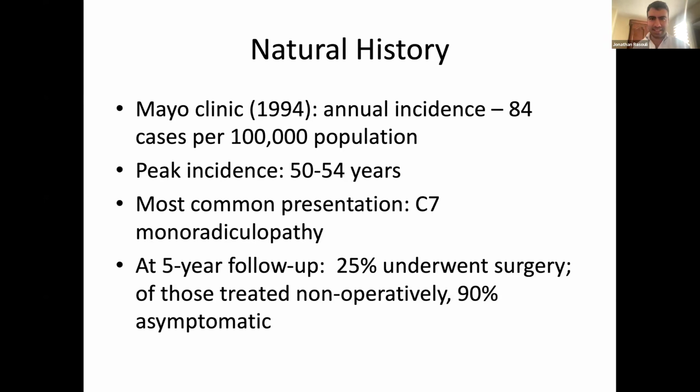I'm right-handed, so around 50, 55, probably starting now in my practice, the most common presentation is a right C7 radiculopathy from a right paracentral C6-7 disc. That's very typical for that disc to be affected over time.